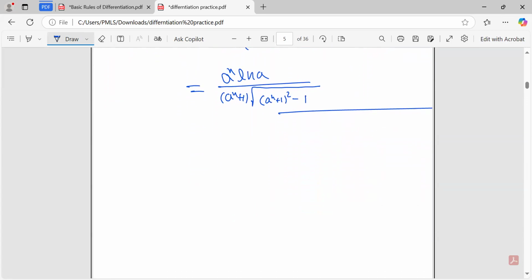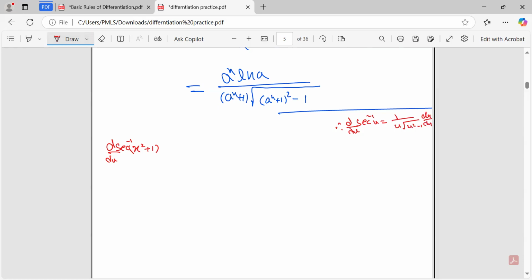In the same way, for example, let's take one more example, a little bit easy: secant inverse of x square plus 1. In this case, again, we need to use this formula: the derivative of secant inverse u is 1 over u times square root of u square minus 1, times du by dx.